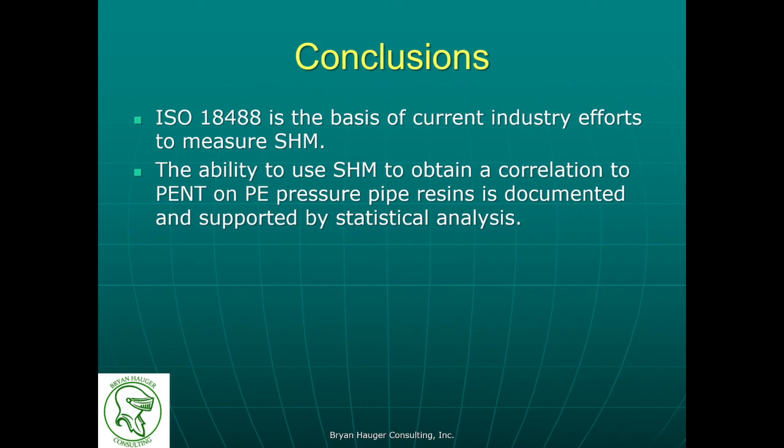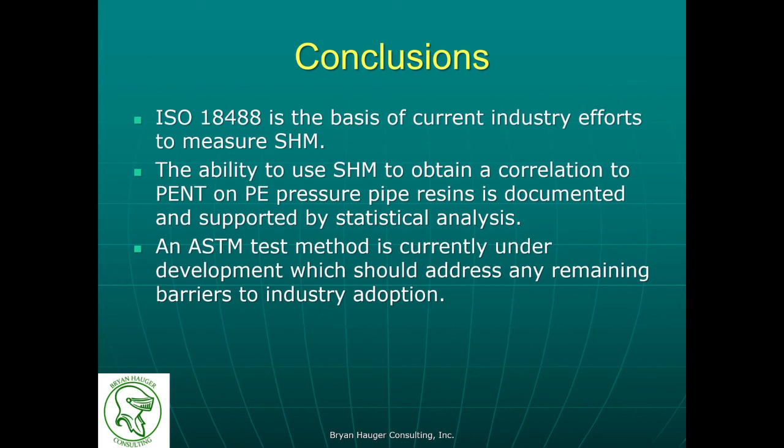I hope I have also provided you with an appropriate consideration of the statistical possibilities of strain hardening modulus. Finally, I am glad to invite this audience to participate in the current industry efforts to create an ASTM test method with proper precision and bias testing that includes pigments and may be useful to the industry in the future in a variety of ways.